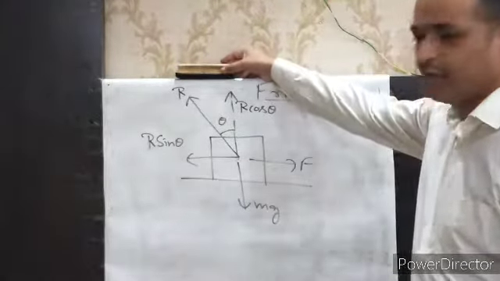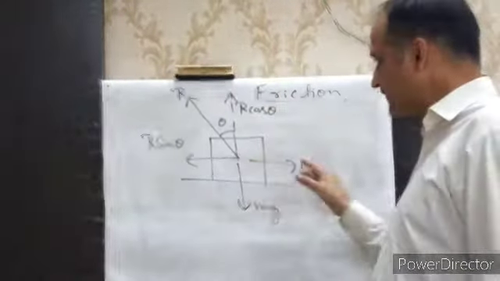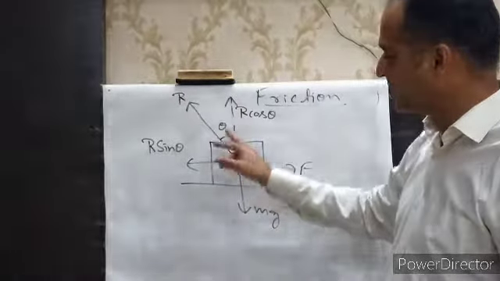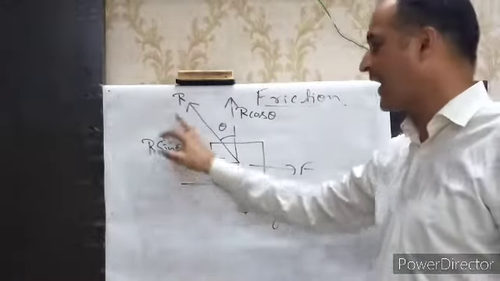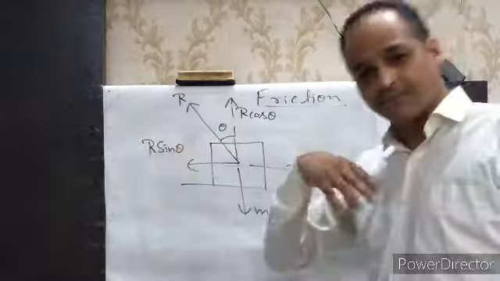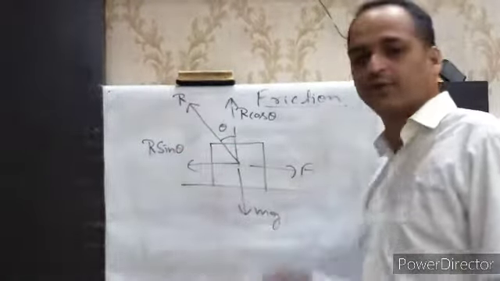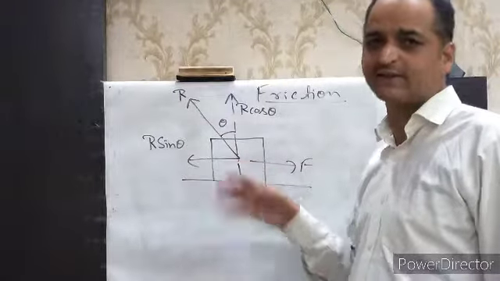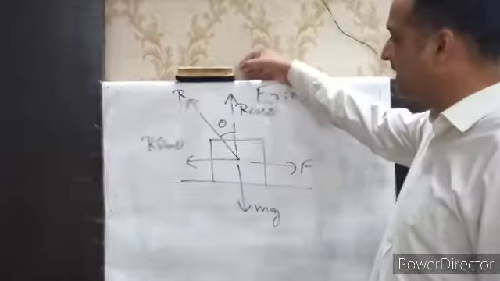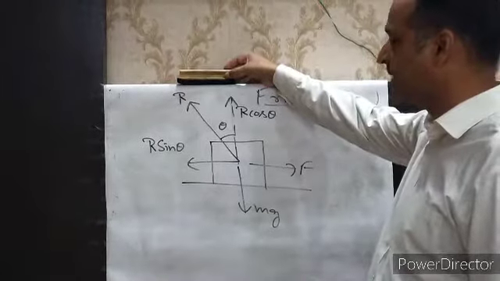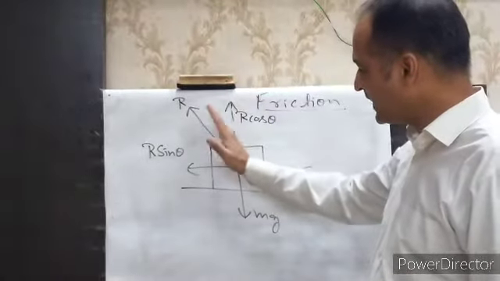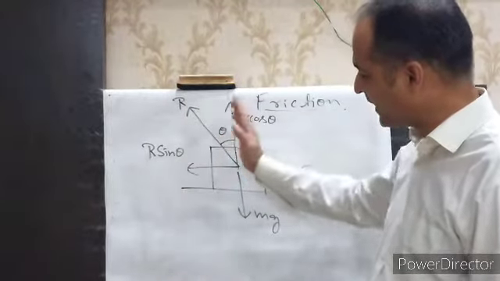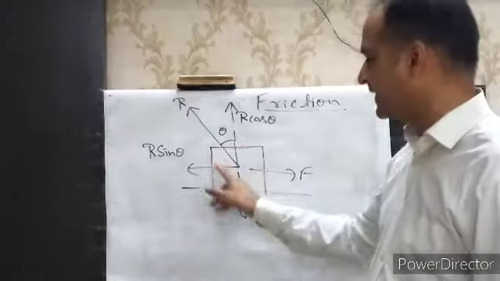Now I am increasing the force. When I increase this force, theta will increase. When theta increases, sin theta will increase, so R sin theta will increase. But again, it is only equal to the force applied, the net force will be 0 and there is no motion. Now I am again increasing my force. Then theta will increase, but it can increase maximum up to 90 degrees.